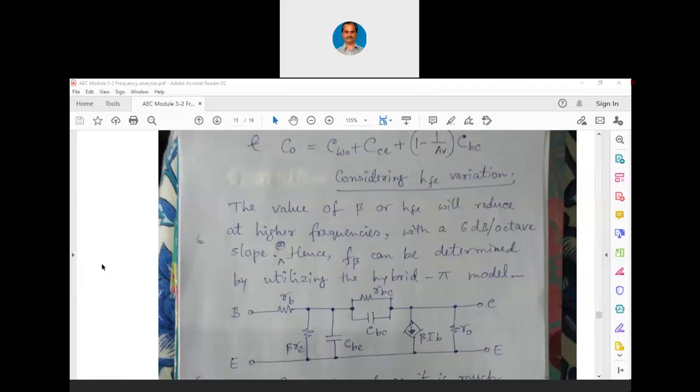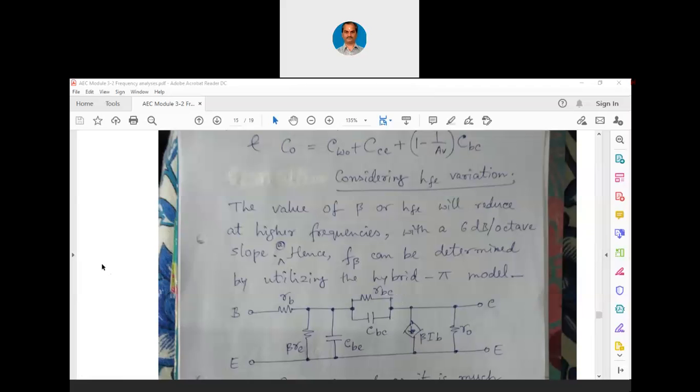Now this is going to become a hybrid pi model, which is a more accurate model when compared to the earlier models. But this model was not necessary in our low frequency analysis, because as I told you, that small rb can be completely ignored because it is a very small value, and that RBC also can be completely ignored because it is a very high value.